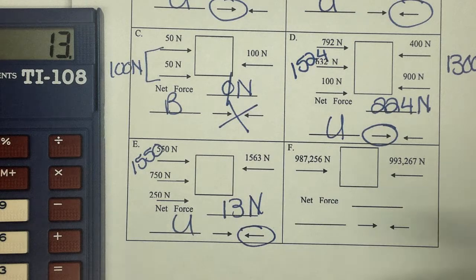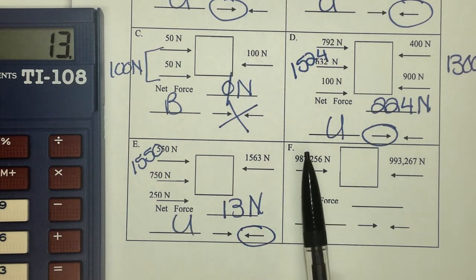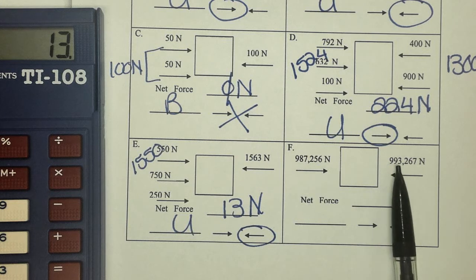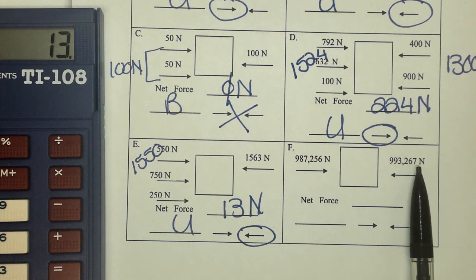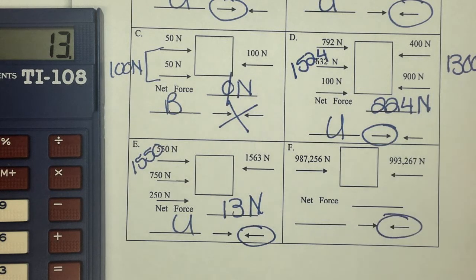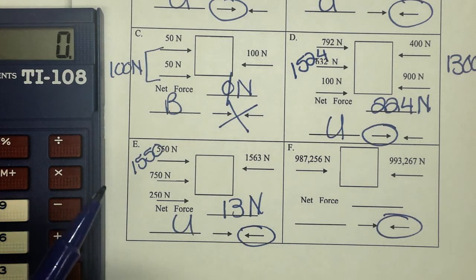And the last one. So you have 987,256, 993,267. Which side has the greater force? Right here. So it's going to move to the left. So now you have to subtract to get the net force.